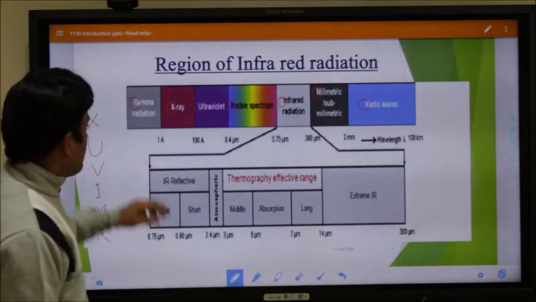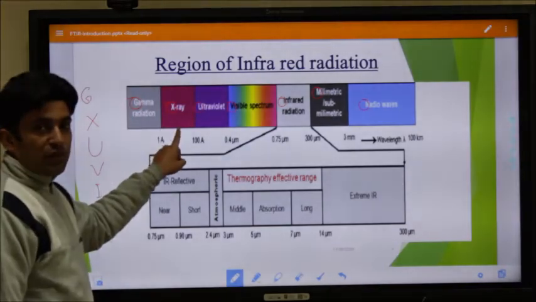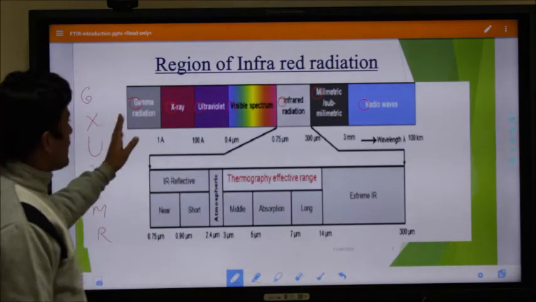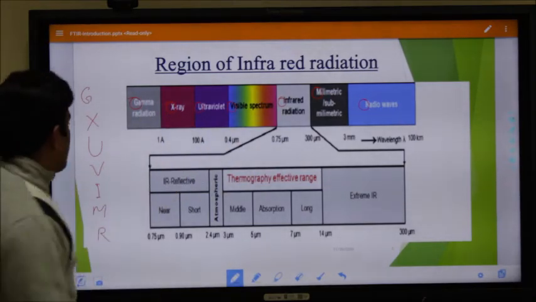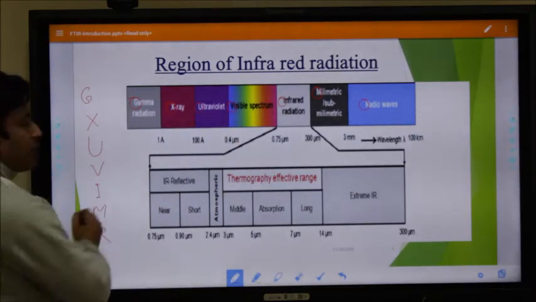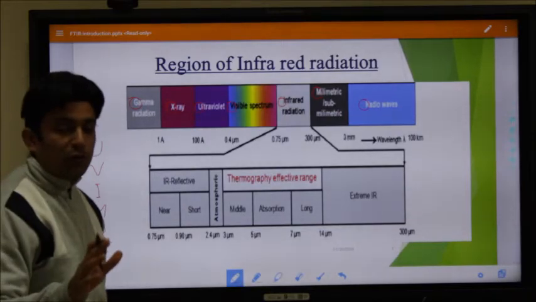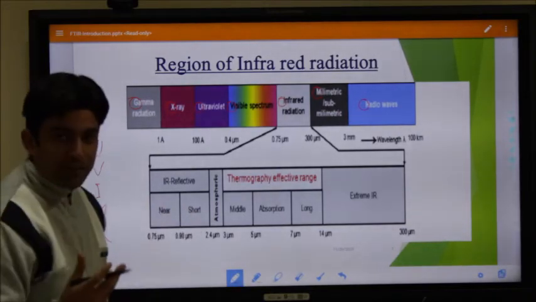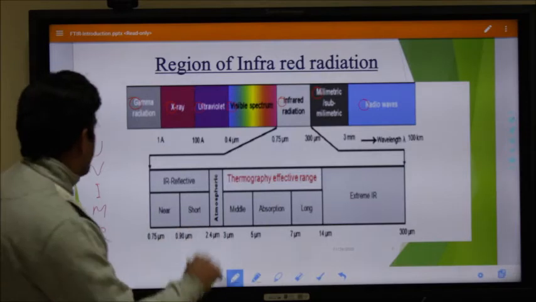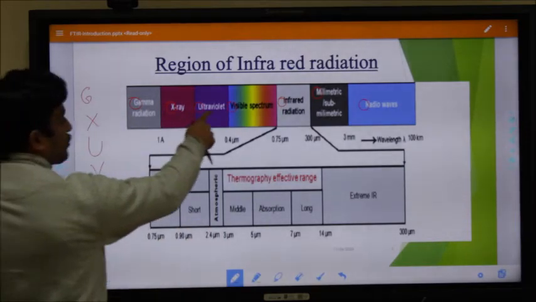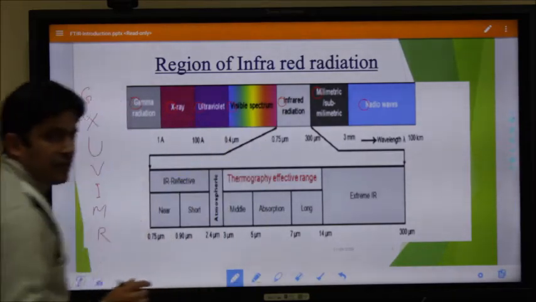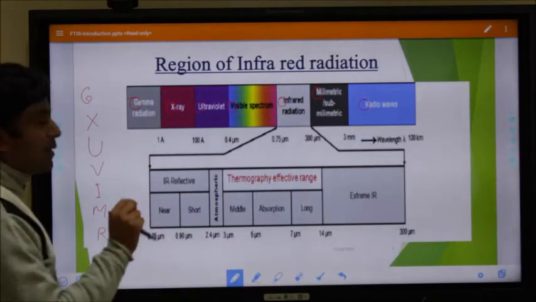You have to remember the initials of these radiations. Most of you know about the XUV 500, so you can remember it that way. GARI XUV in my range. This is what you will remember.